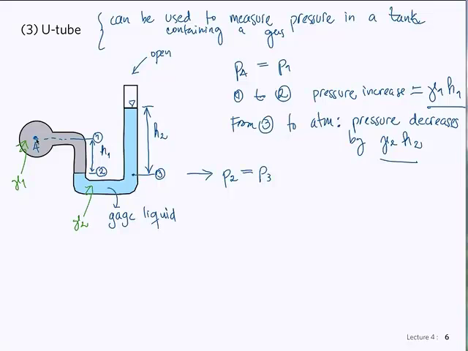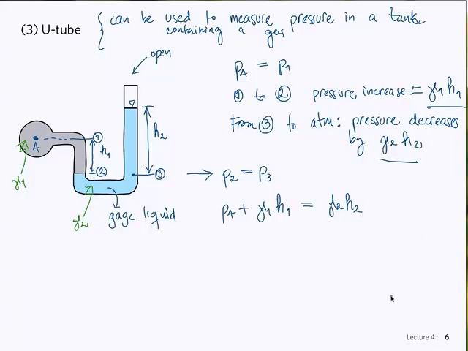So we want to measure the pressure at A. Pressure at A, going to 2, increases by gamma 1 H1. And then I can do pressure at 2 is equal to pressure at 3. So pressure at 2 is pressure at A plus gamma 1 H1, and pressure at 3 is equal to, well, we're going to measure just gauge, and so it's gamma 2 H2.